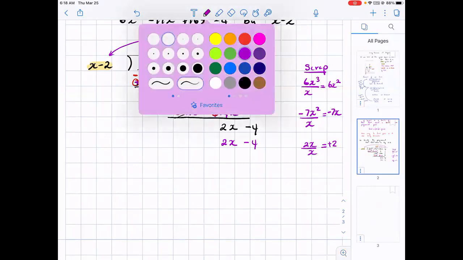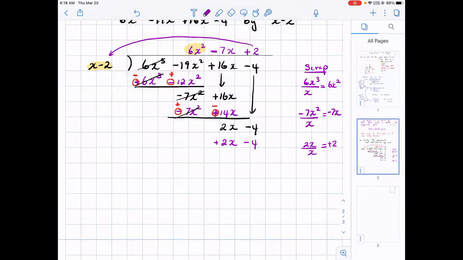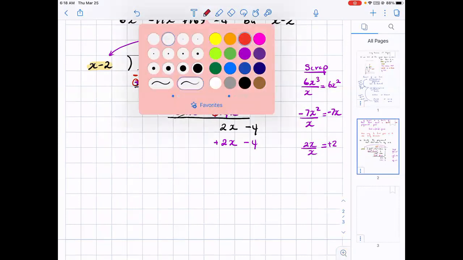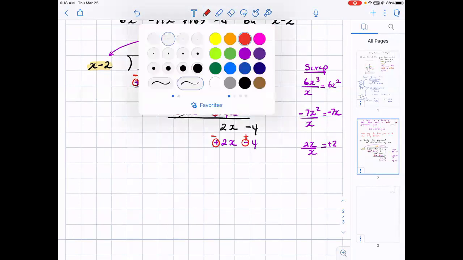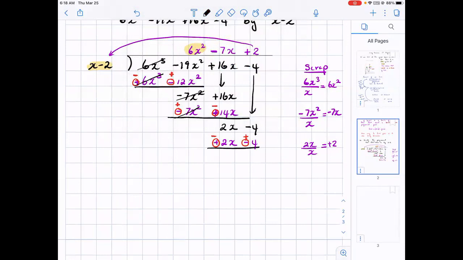This here is a positive. So by changing the sign, this becomes a negative, and this becomes a positive. And now, if we combine, minus 4 plus 4 is 0, and this will cancel out with this. So this here is your remainder, because there's nothing else to bring down, okay? There's nothing else to bring down.